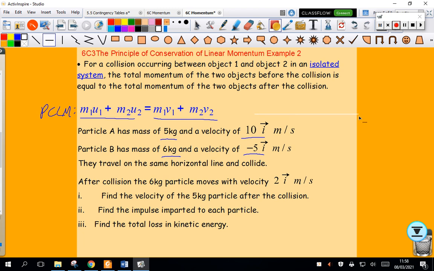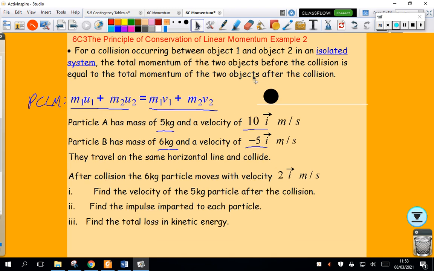I'm trying to think about exactly what's going on here. I've got some kind of object moving along a horizontal line, and I have another object also moving along the same horizontal line. Notice particle A has a velocity of 10, which means it's moving to the right, assuming, of course, I'm dealing with a right positive system.